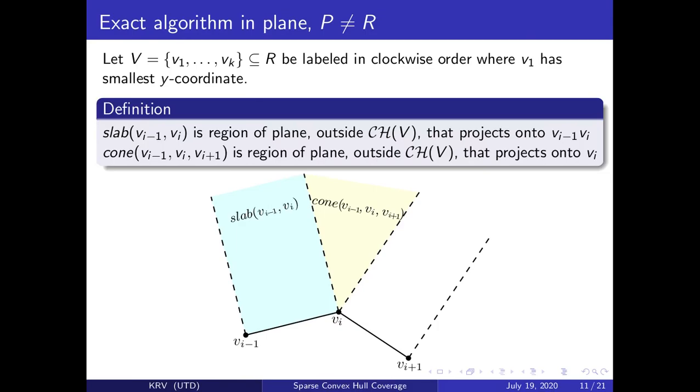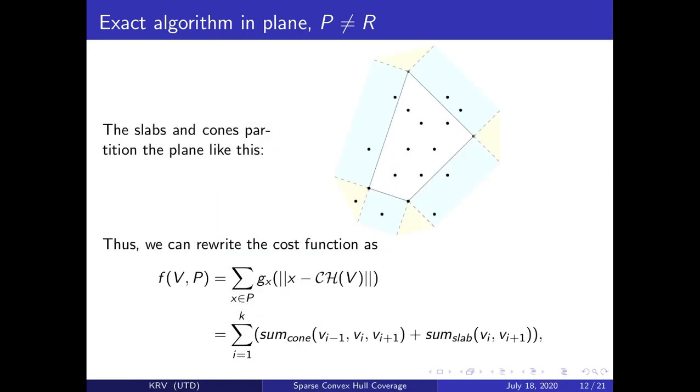Cone is the region of the plane outside the hole that projects onto v_i. In the picture, the slab is the blue region and the cone is the yellow region. With these definitions, we've got this convex hole, the black edges, and we see that the slabs and cones partition the plane.